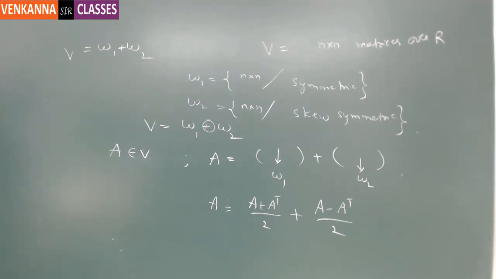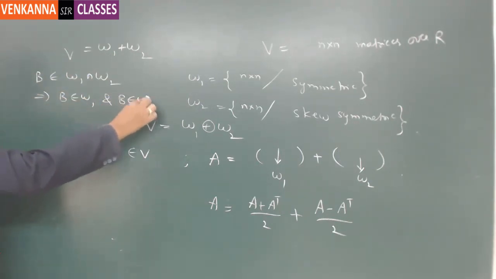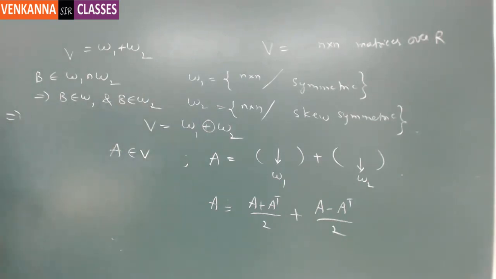How to prove that? For example, let us say I have taken a matrix B in the intersection. So here B belongs to W1 and B belongs to W2. This implies that, since W1 contains symmetric matrices, B is equal to B transpose.